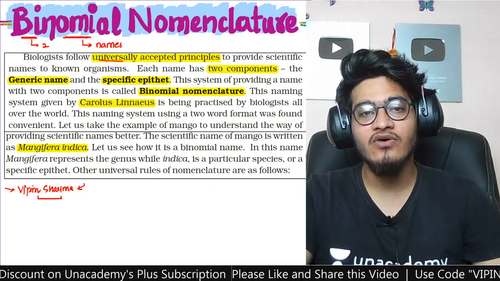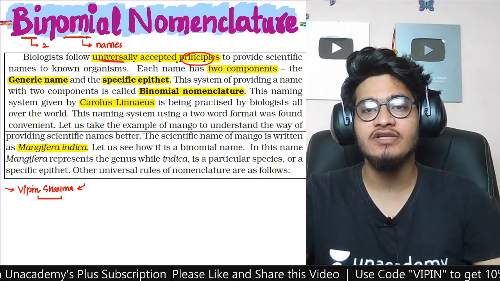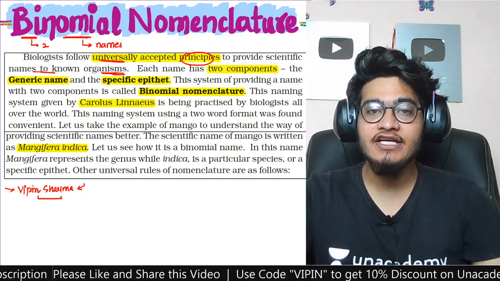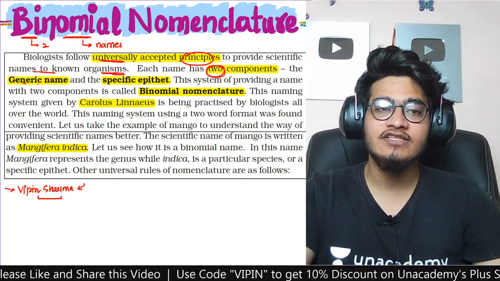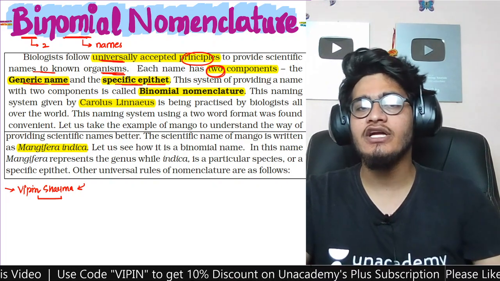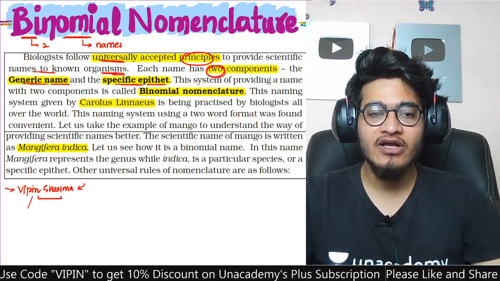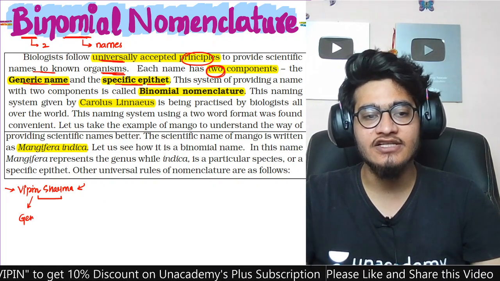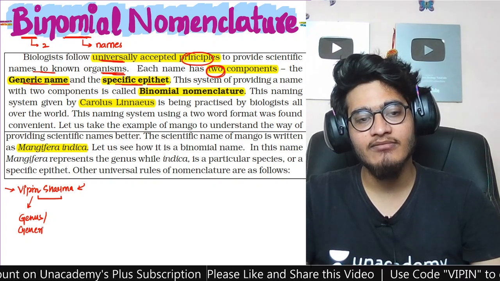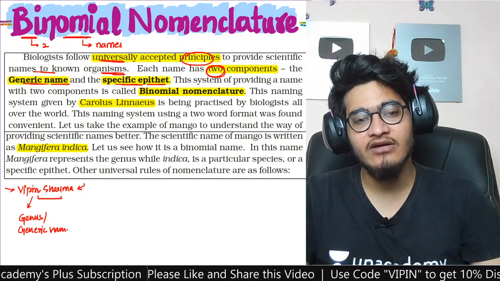So biologists follow universally accepted principles to provide scientific names to known organisms. Each name has two components, that is the generic name and the specific epithet. In the last slide, I have already told you that in a name, the first part represents the genus, and this genus is called the generic name.